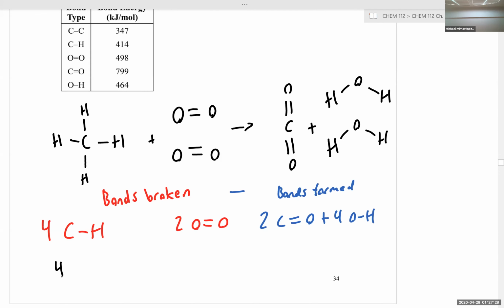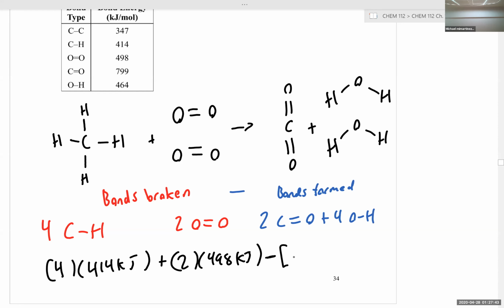For our C-H, we have 4 times 414 kilojoules. For our O-O, we have 2 times 498 kilojoules. Minus, then, for our carbon-oxygen double bonds, we have 799 times 2. And for our O-H, we have 464 times 4.